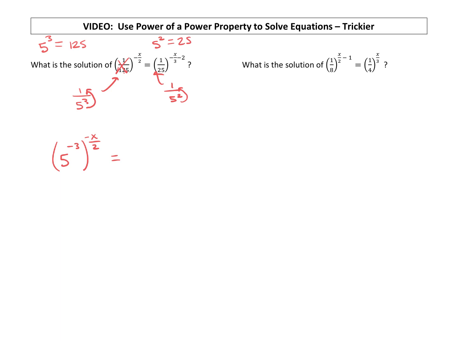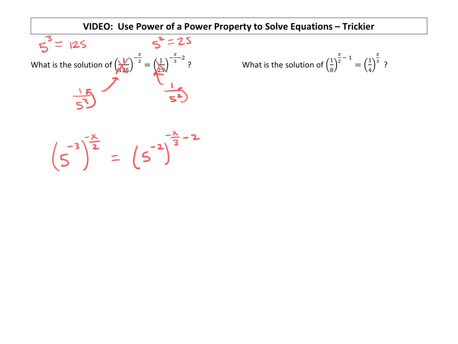Remember, we like this. This is a good move. But that will change the sign of your exponent. So that is going to become 5 to the negative 2 power. So 5 to the negative 2 power is the same thing as 1 over 25. So we just replaced that with 5 to the negative 2 power. I'm going to carry down the exponent that is with that. We have a negative x over 3 minus 2.